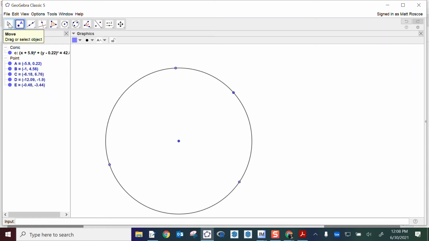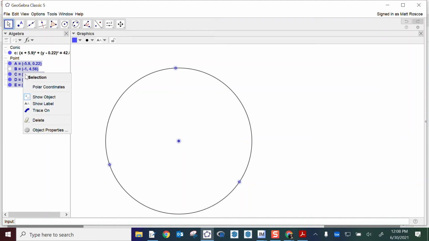I'm going to go ahead and hide the point that defines the circle, so that's B. And I'm going to rename each of these points. If you click on, by the way, organize by object type. I like that better than by layer. If you click on point, right click on everything and just show label, all the labels will pop up for those objects that are all points.